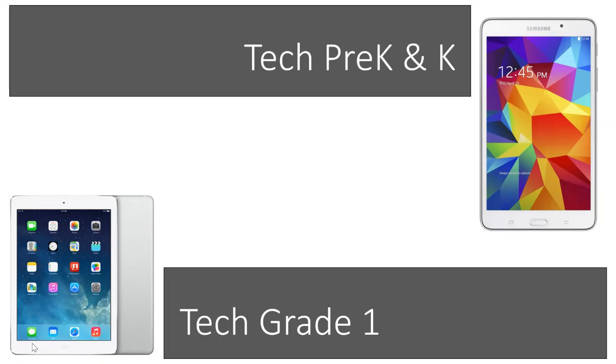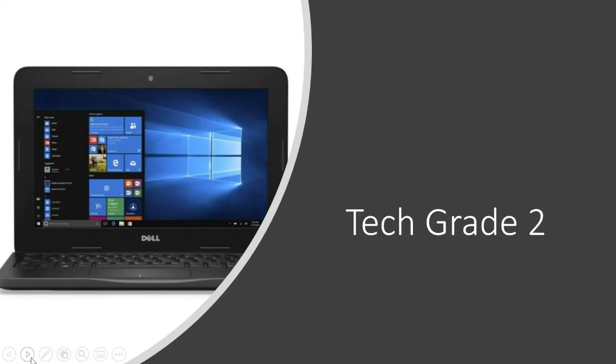All right, so let's talk about technology in second grade. Second grade technology uses the laptops that are in the first grade laptop cart. Now the laptops are shared among second, third, and fourth grade. However, we are in the process of acquiring a special cart that will disinfect the laptops in between use.